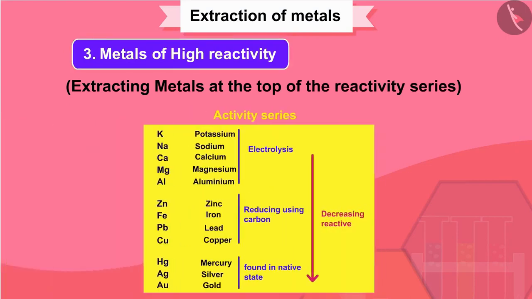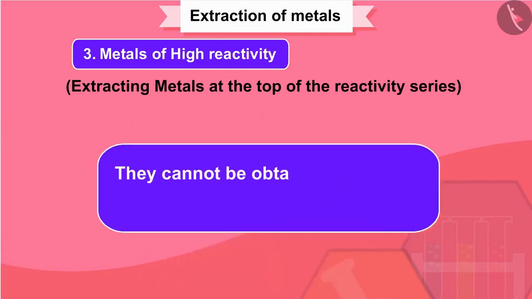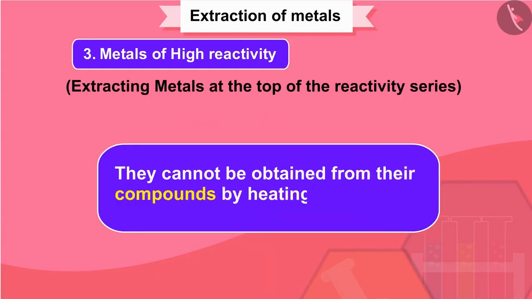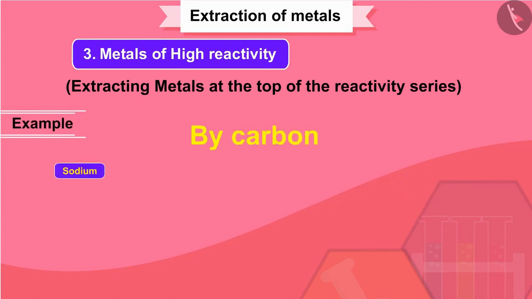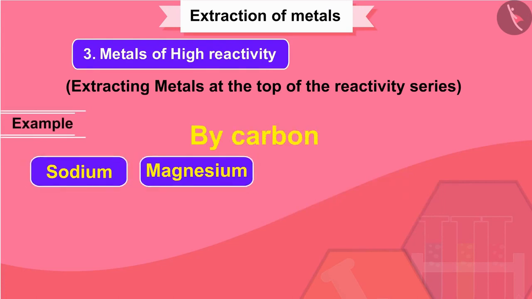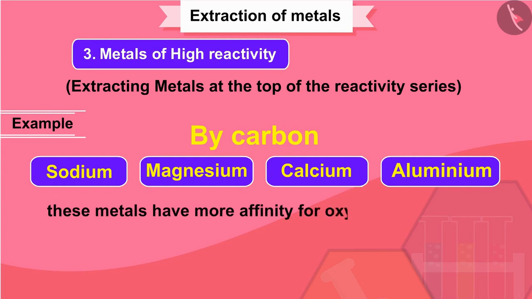The metals high up in the reactivity series are very reactive. They cannot be obtained from their compounds by heating with carbon. For example, carbon cannot reduce the oxides of sodium, magnesium, calcium, aluminium, etc. to the respective metals. This is because these metals have more affinity for oxygen than carbon.